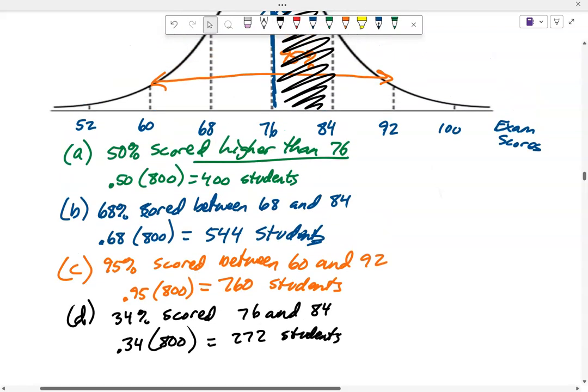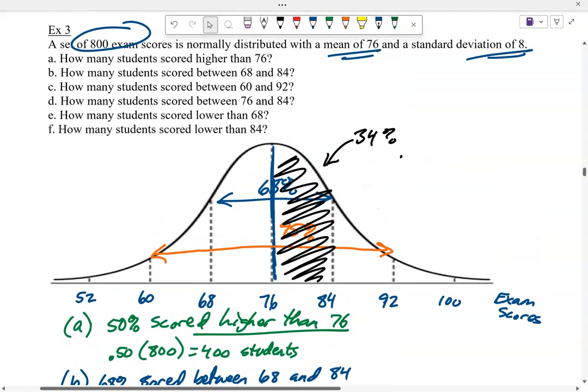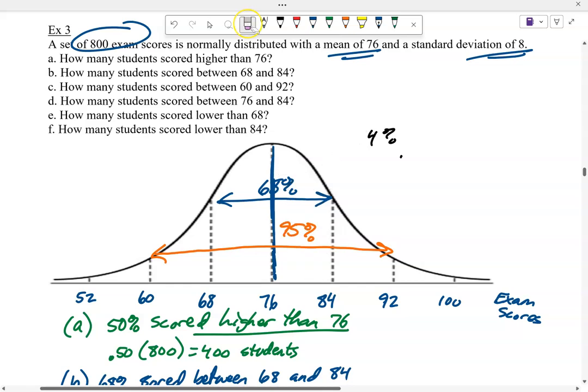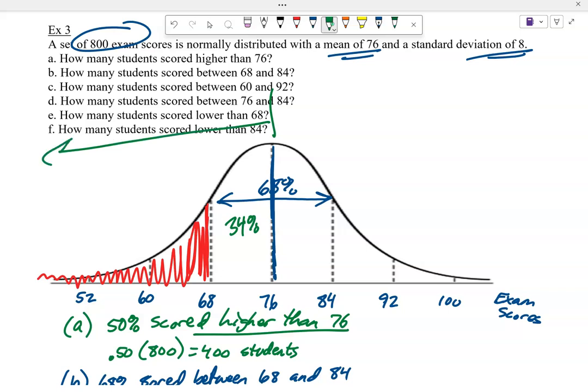All right, now let's go lower than 68, part E. Let me erase this here. Lower than 68. Let me put that in red. Lower than 68. Now that is down below, clear past 52, right? And remember, in here is 34%. And we know 50% of the data is below there.